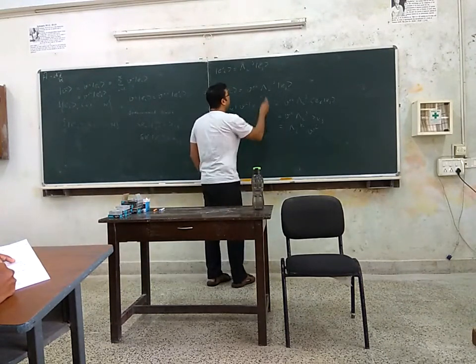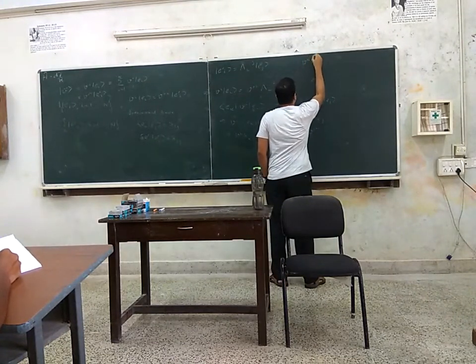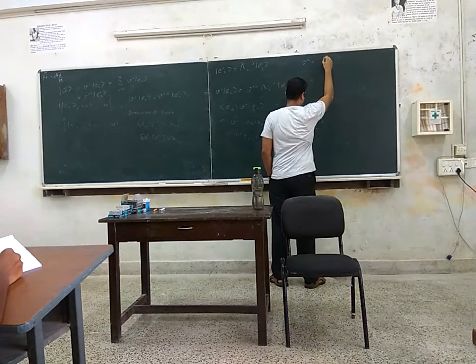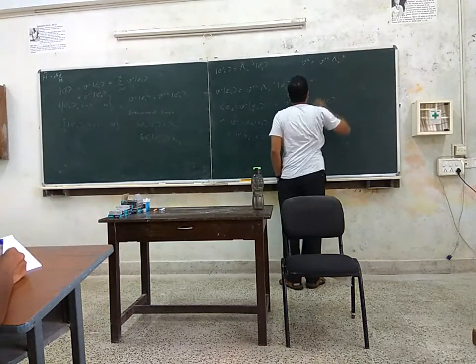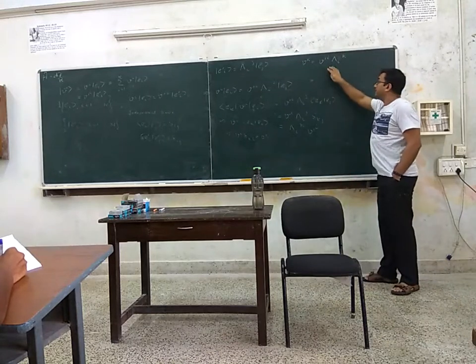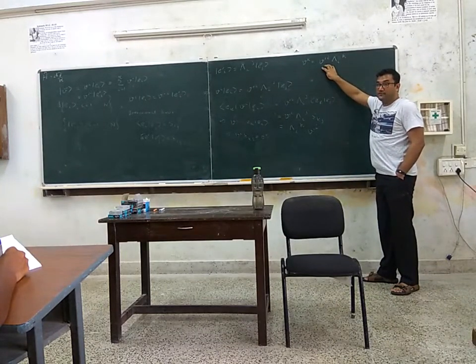So on the left hand side I have b_k, and on the right hand side I have b prime_i lambda_ik. I'm now writing it in this way with lambda after b.